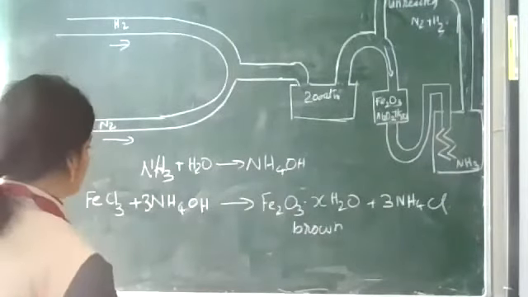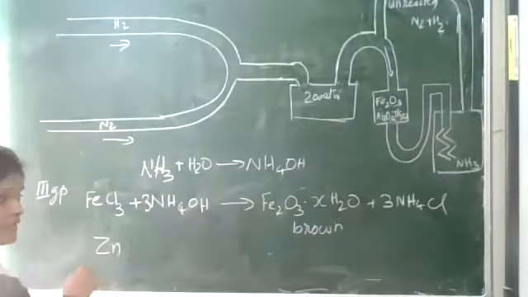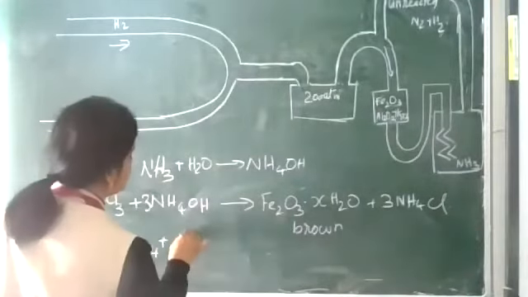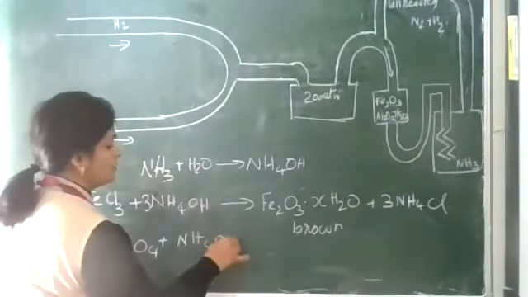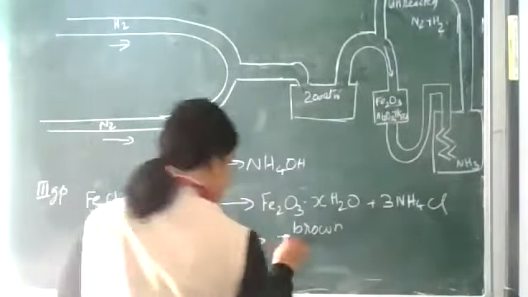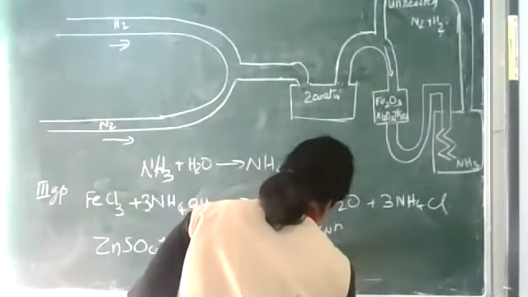Now, in the fourth group, for example, zinc sulfate, for the identification of Zn2+: zinc sulfate plus NH4OH gives zinc hydroxide, Zn(OH)2.